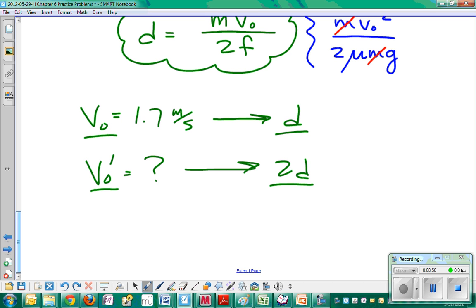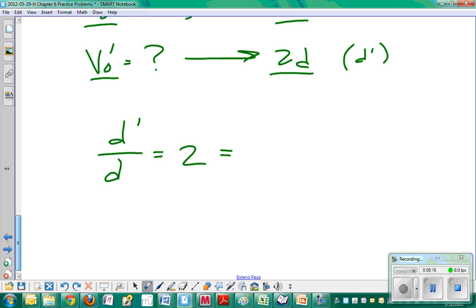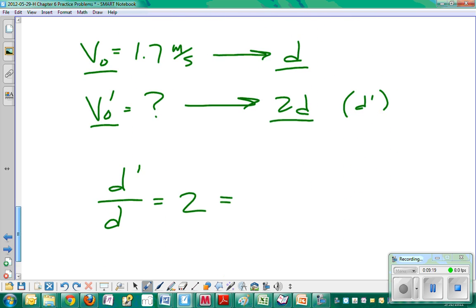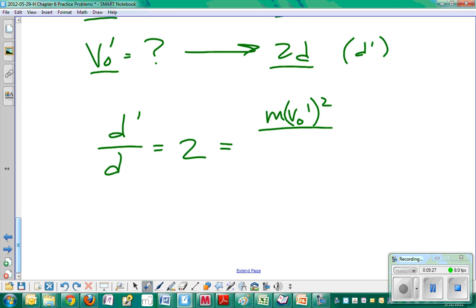This is the way we've been solving problems like this all year. So we want the new distance, we'll call this d prime, okay? So if we say d prime over d, we want that to be equal to 2. We want it to go twice as far as it did. And to do that, d prime is going to be equal to m v naught prime squared over 2f, divided by m v naught squared over 2f.